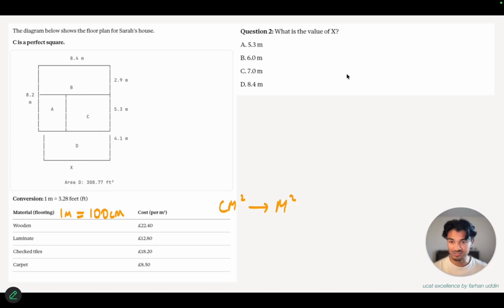So what changes here when it comes to feet? All that changes is the number here. So what we'll need to do to go from feet squared to meter squared is we divide by 3.28 twice. 3.28 squared. The reason being is because we're working with 2 units here, 2 lengths here. So that's the reason why we do it twice.